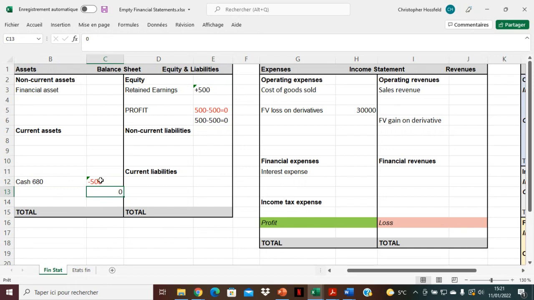That means I could pay dividends, the 500, but then I would ask the shareholders to buy new shares, to reinvest this money into the company. Well, if they do this, I would have a cash inflow of 500, and my share capital would increase by 500. And the share premium, etc., doesn't matter here.